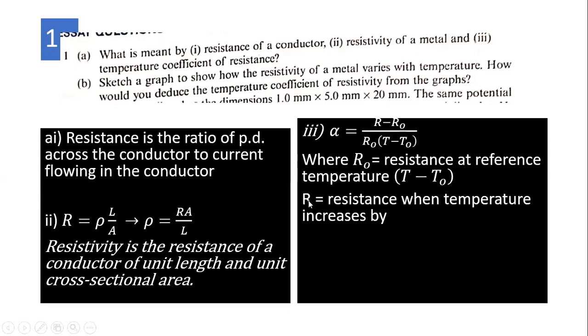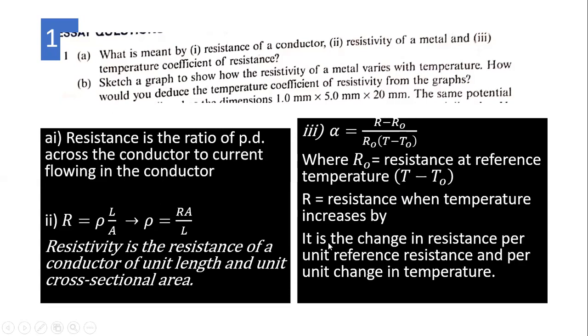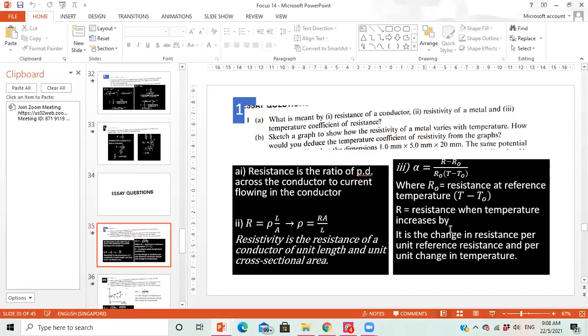Then R is the resistance when temperature increases. It is the change in resistance per unit reference resistance per unit change in temperature. And sorry, the reference temperature is T naught.